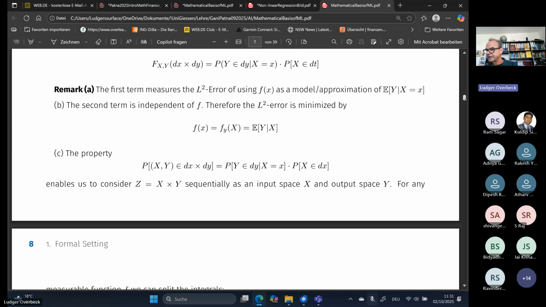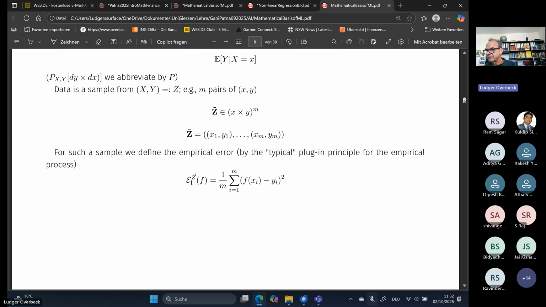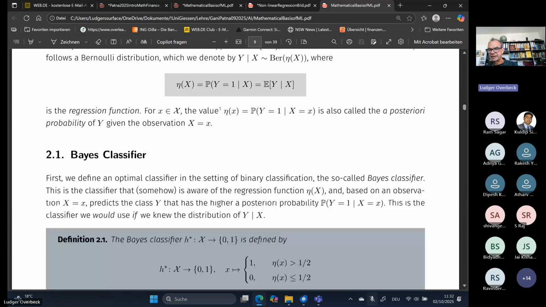This just proves that our optimal predictor is a conditional expectation. Okay. Now we do binary classification. So this means y is now Bernoulli, 0 and 1. That's our optimal classification, optimal prediction, if you like.